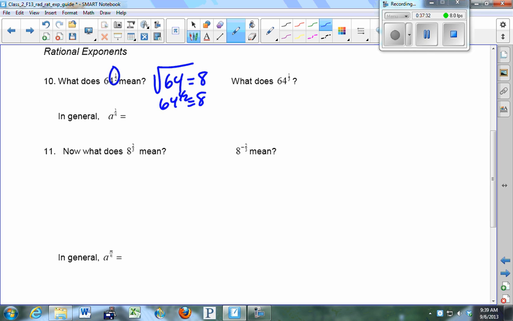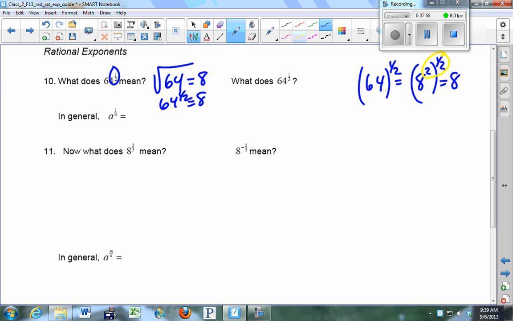And let me show you why that works. This is what students often won't do, but you can rewrite 64 as 8 squared. And now you can apply your exponent rules. Because what do you do when you have a power to a power? What do you do to your exponents?